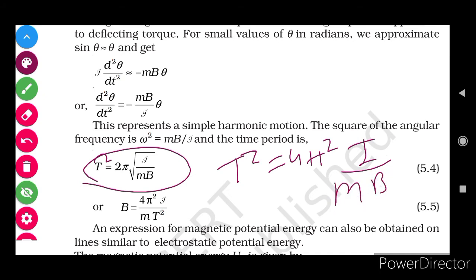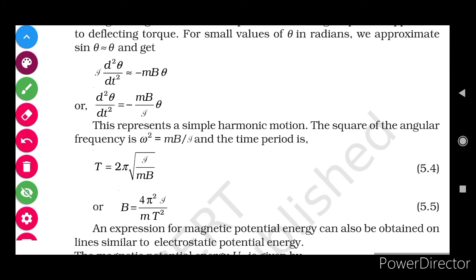On rearranging, B is equal to 4 pi square I upon m T square. 4 and pi are constants. The moment of inertia of that needle is known to us, the magnetic dipole moment is also known to us, and the time period we can calculate. This way we can calculate the required magnetic field.